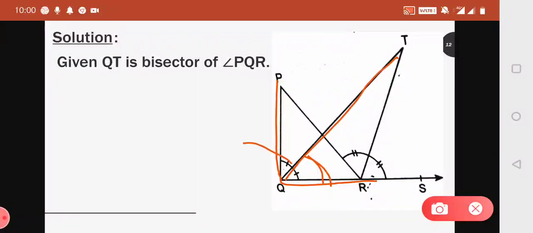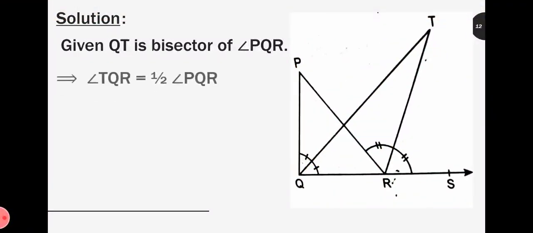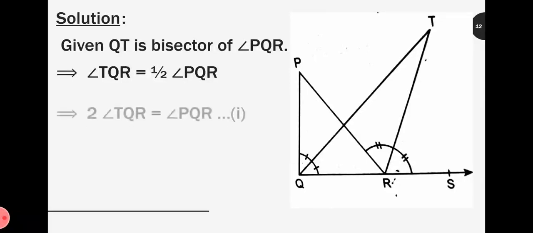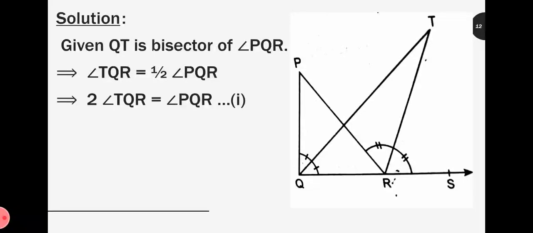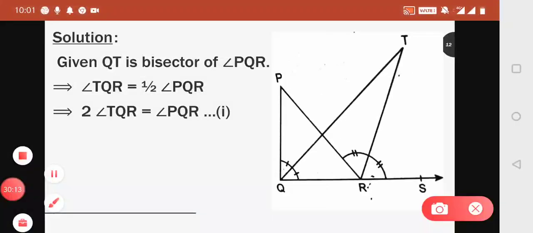So we write that angle TQR equal to half angle PQR, which implies that we transpose 2 to the left hand side, so we get twice angle TQR equal to angle PQR. This is your number 1.